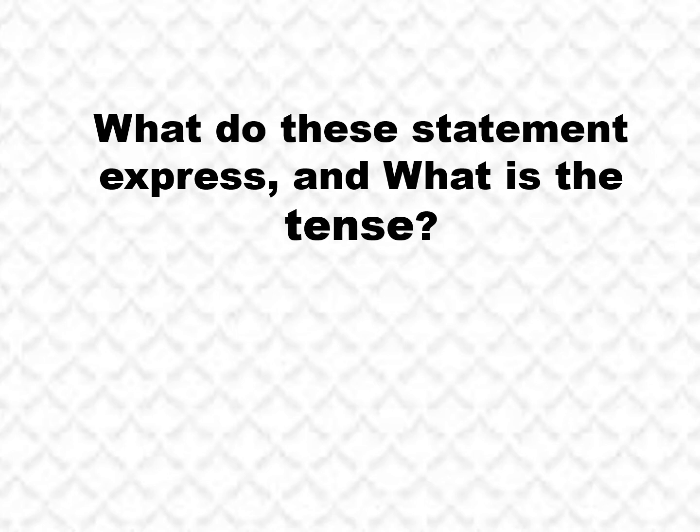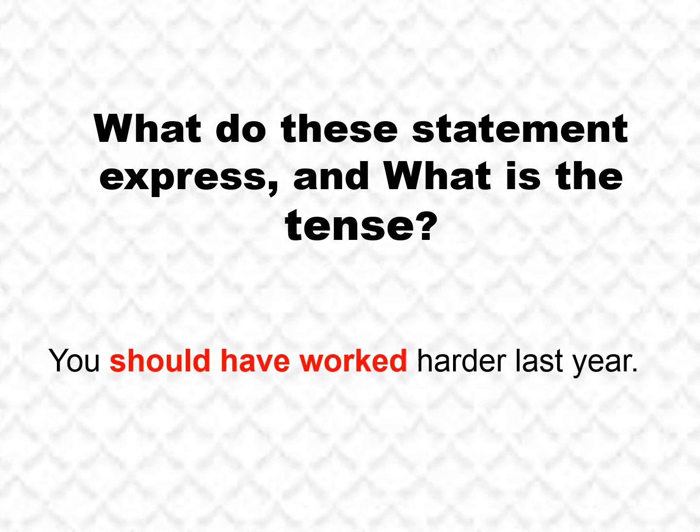What do these statements express, and what is the tense? Is it present or past? For example, you should have worked harder last year. So should have is used to talk about past mistakes, and when you are sorry about a past event. It means that something that should have been done was not done.